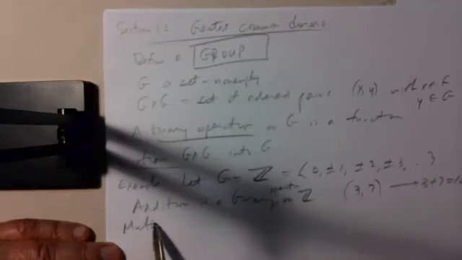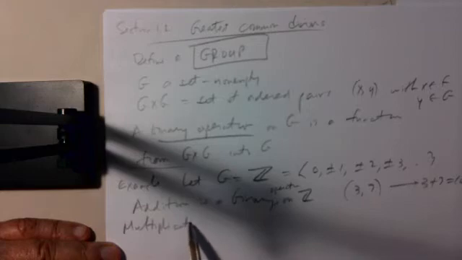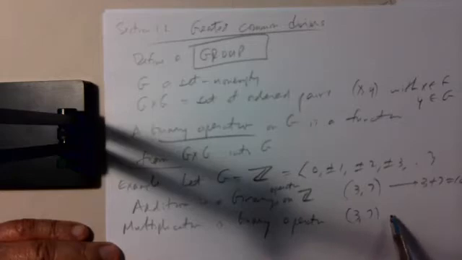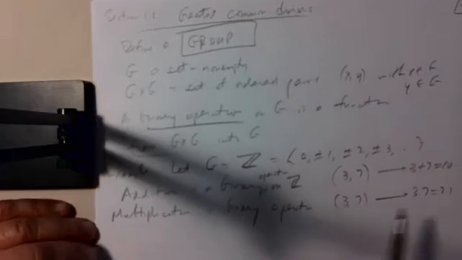Multiplication is another binary operation. 3 times 7 gives you 21.